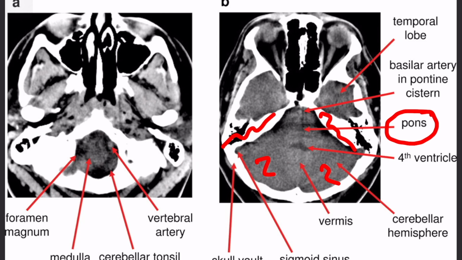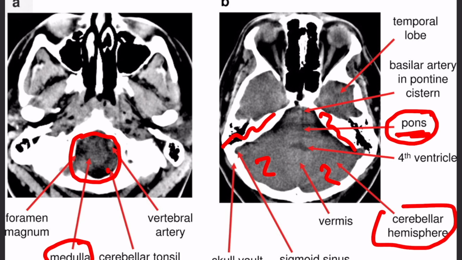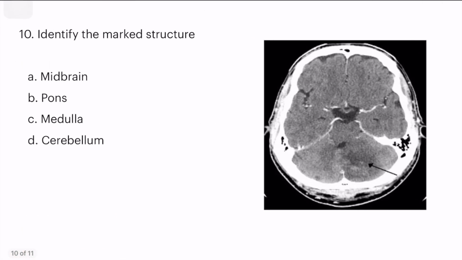And as far as the medulla, we'll be able to see the foramen magnum, and the cerebellar tonsil, part of it will be visible, but not much. So whenever the pons is there, the cerebellum becomes more visible. So in this question, the answer is cerebellum. The marked structure is the cerebellum.